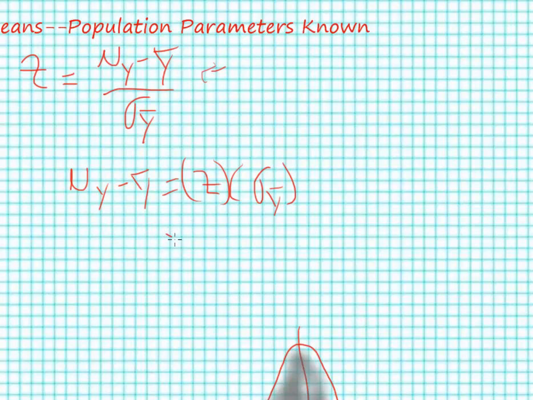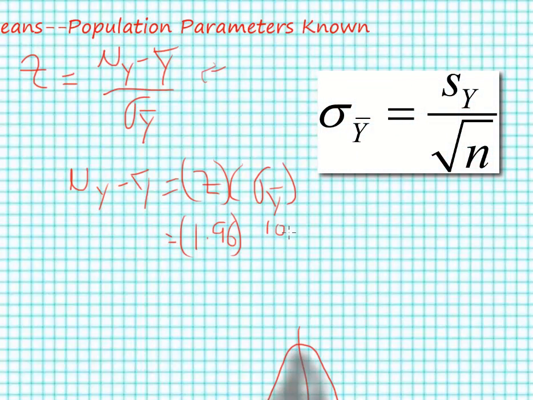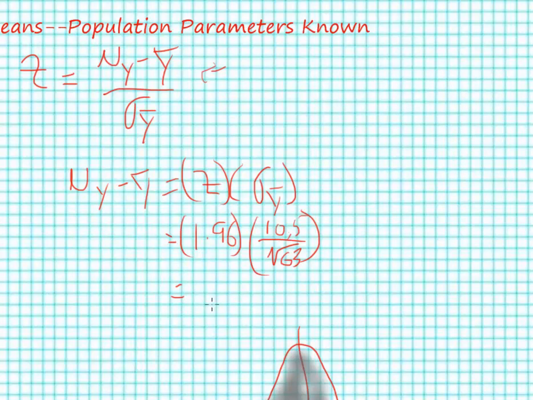I know that my z-score is 1.96, and I know that my standard error is going to be equal to 10.5 divided by the square root of 63, and that this is going to equal 1.96 times 1.32.